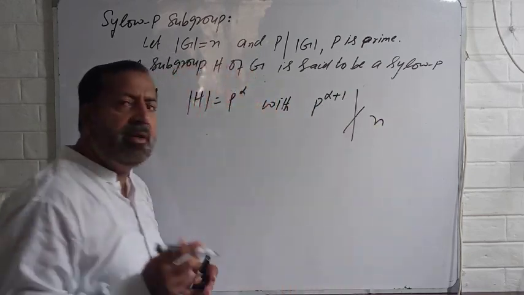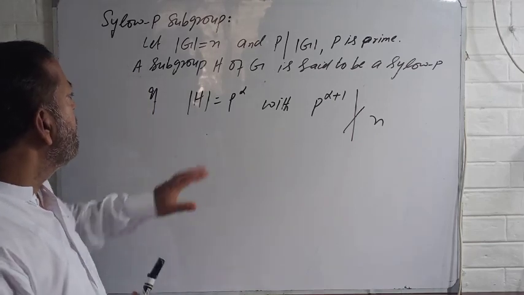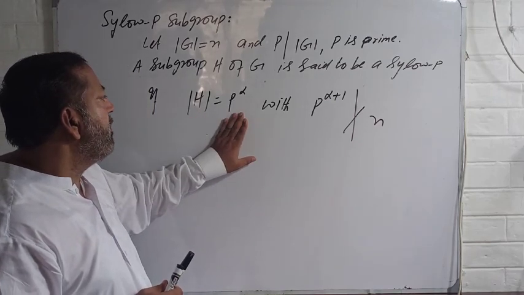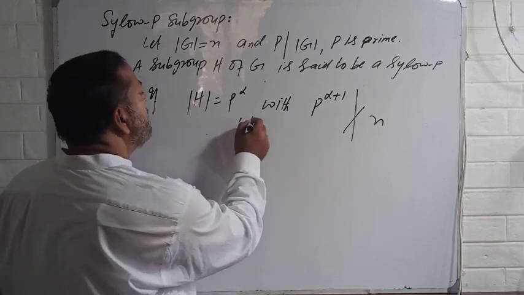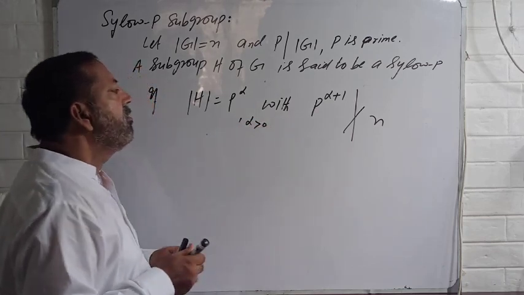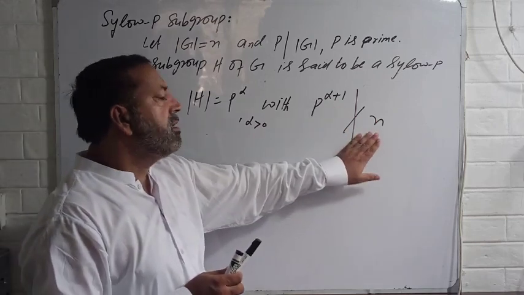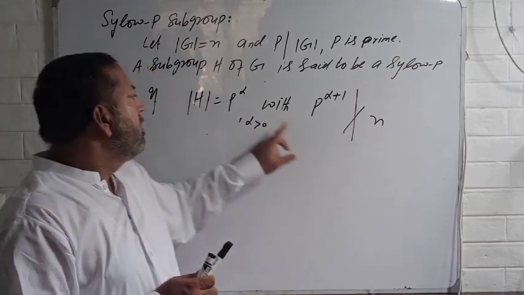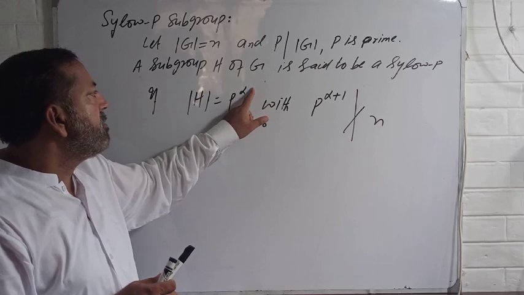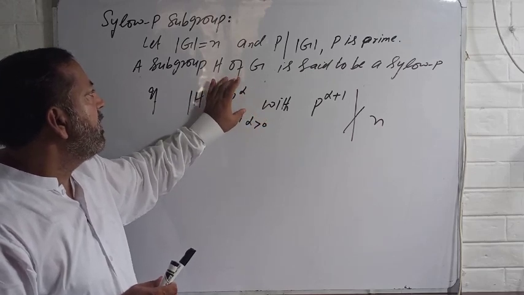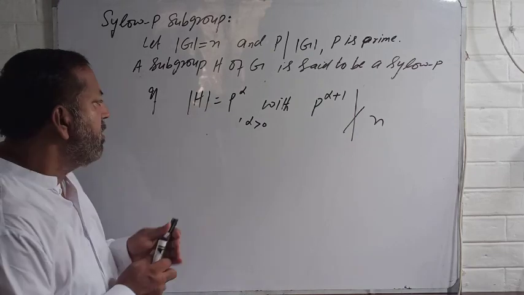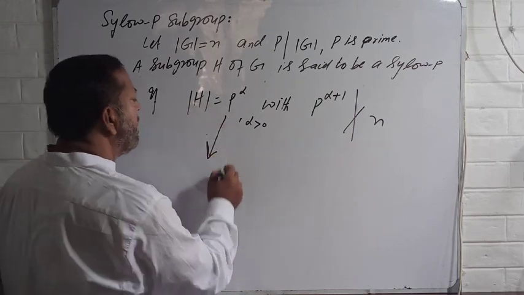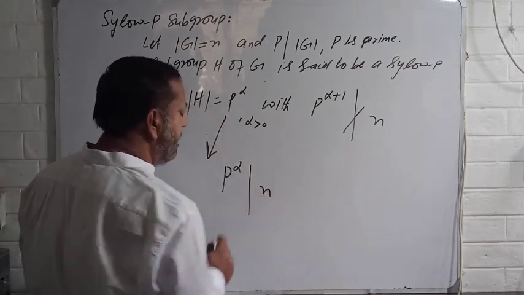So you can summarize this: order of H is P power alpha, of course where alpha is greater than or equal to 1, with P power alpha plus 1 not dividing n, means that P power alpha is the highest power for which P power alpha divides n. Since H is a subgroup, by Lagrange theorem it is very clear that P power alpha divides n.